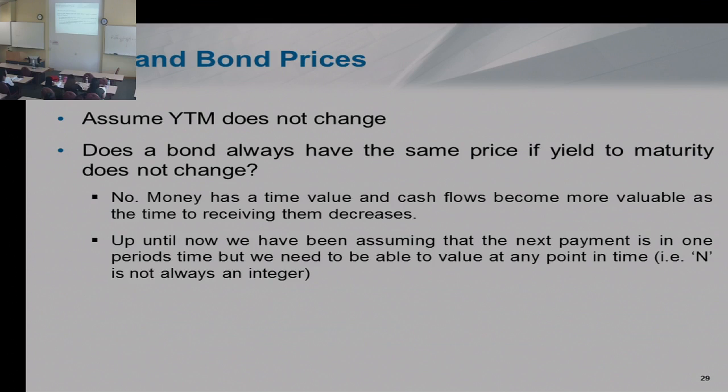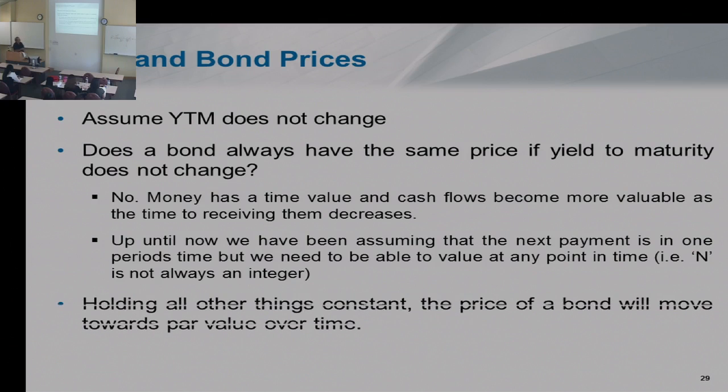So bond prices are dynamic. They change over time, because n changes. Everything else can stay the same, but if n changes, then you're going to get closer and closer to something. Let's look at an example. Holding all other things constant, the price of the bond will obviously move towards par over time.